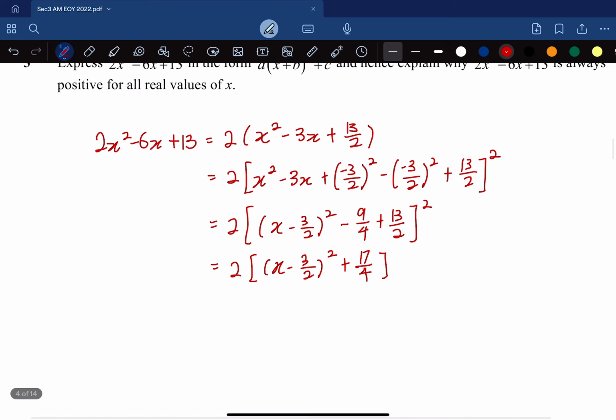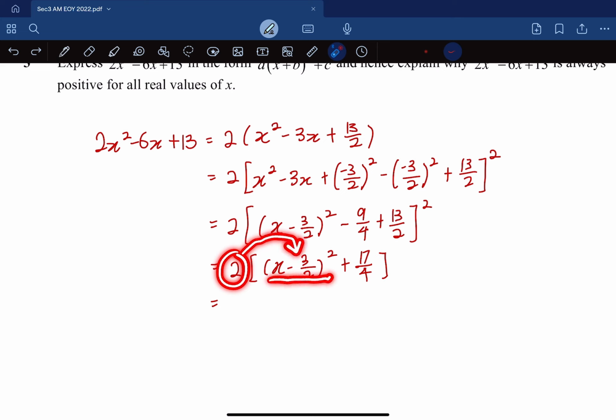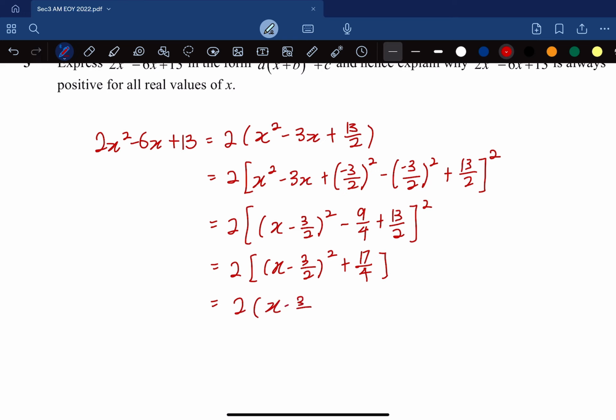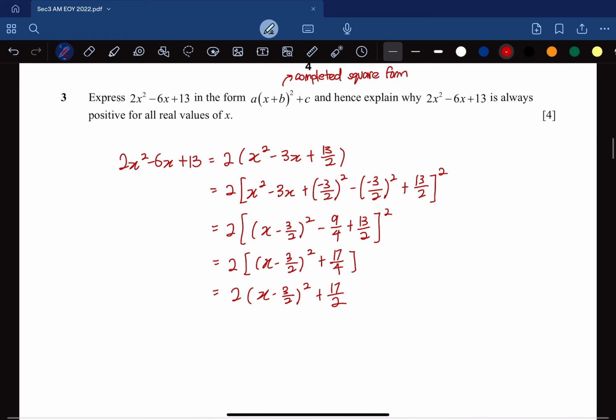Then from here, remember a common mistake is that I need to multiply this 2 in. Many people always multiply just this 2 to this term, whereas you need to multiply this 2 to the first term here as well as the second term over here. So therefore we will get 2 times (x minus 3/2) the whole thing squared plus 17/2. And that is my answer for the completed square form.